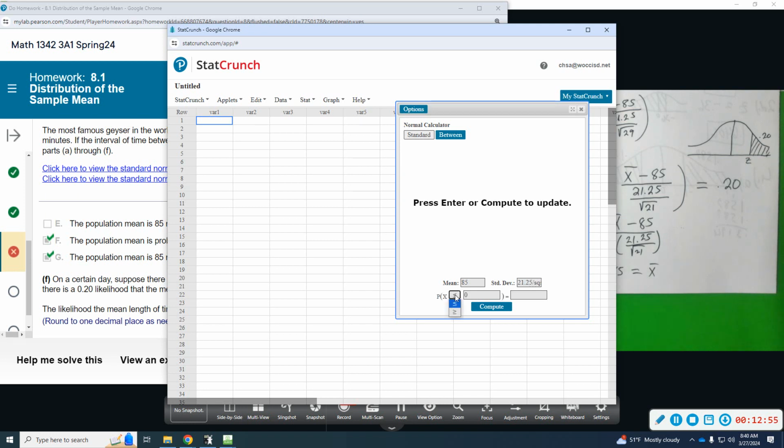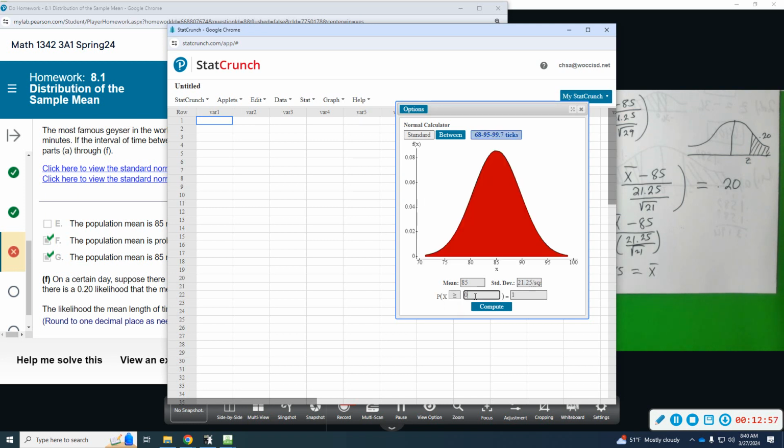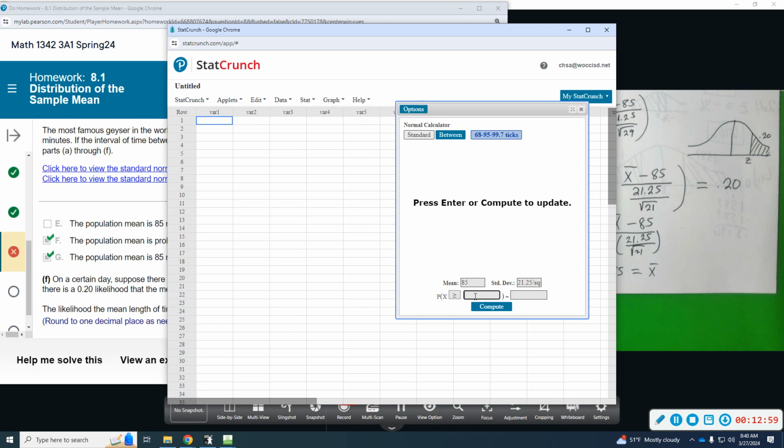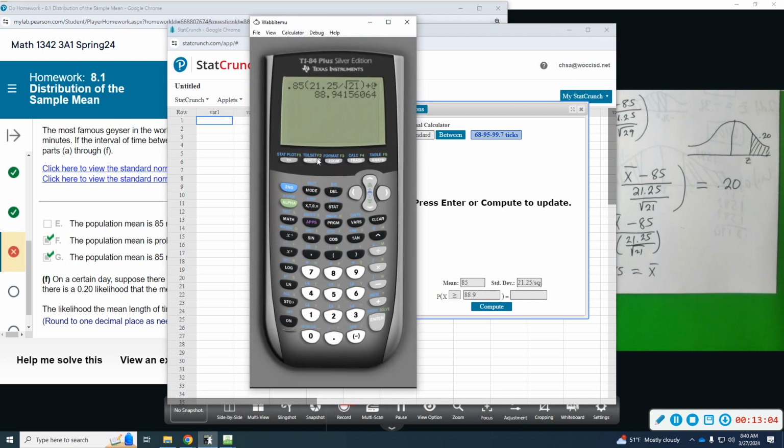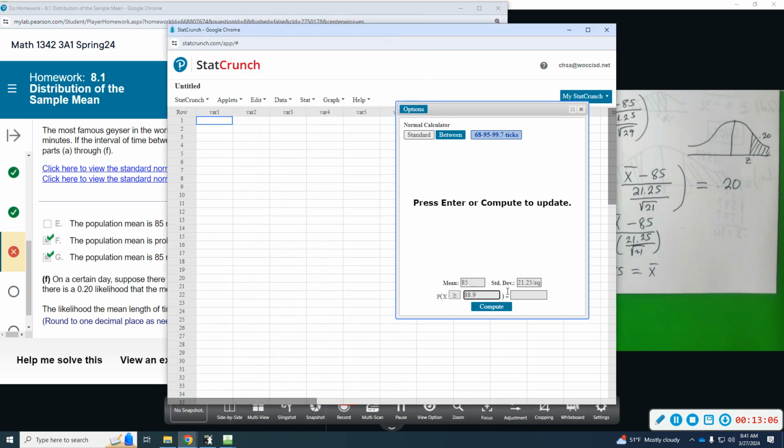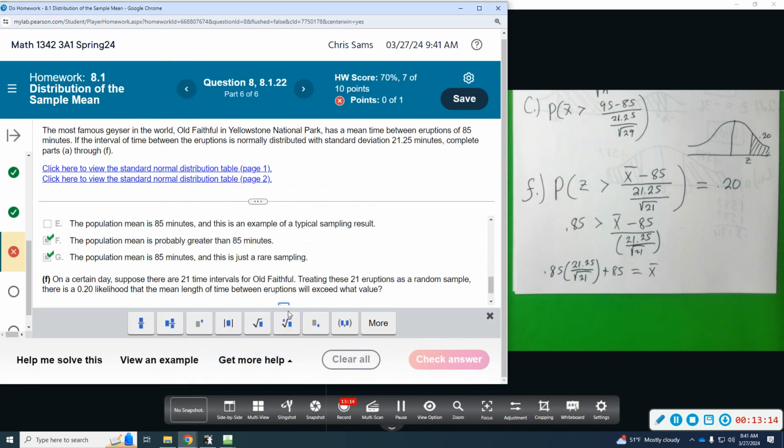We wanted to check greater than, and the number that we came up with was 88.9. We should get close to 0.20 right here. Yeah, see, 0.2001, which is a little bit rounded, so 88.9.